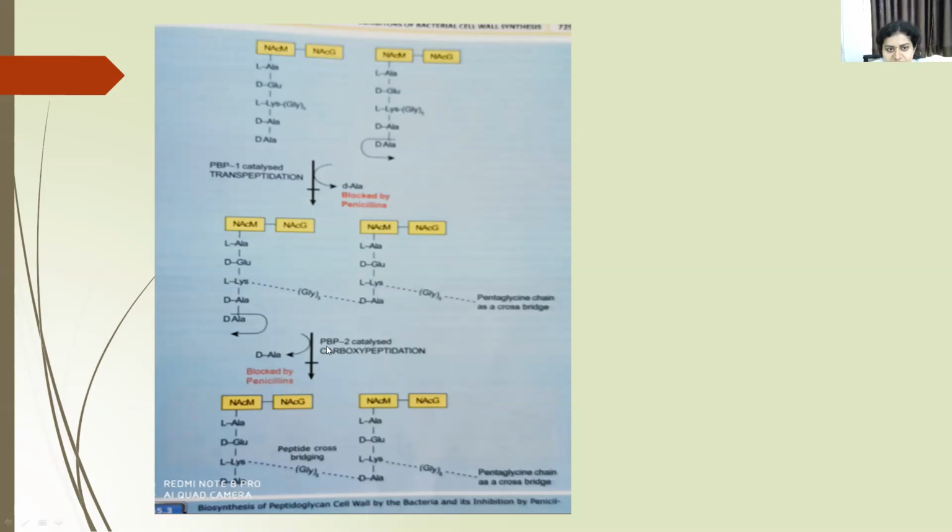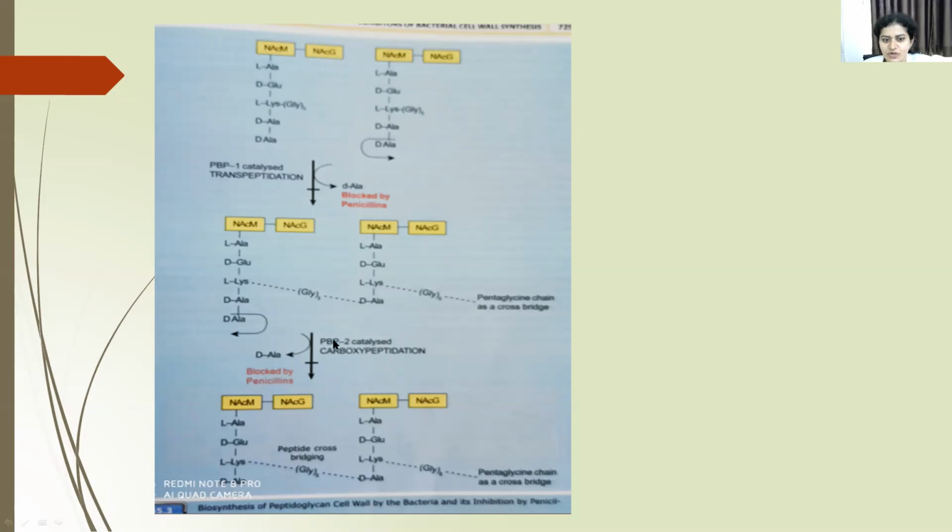And then there comes another penicillin binding protein, penicillin binding protein 2, that causes the carboxypeptidation reaction. So what does it mean? It means whatever other D-alanine side chain was there, it causes hydrolysis of the D-alanine side chain.